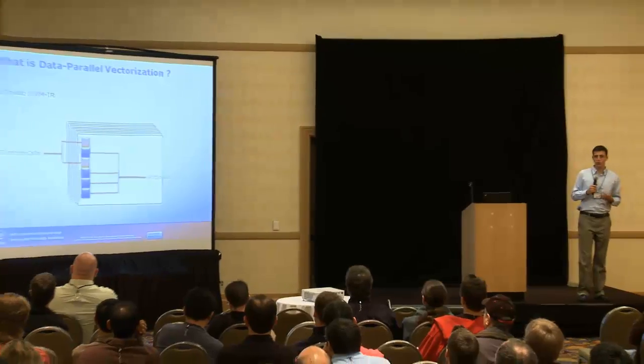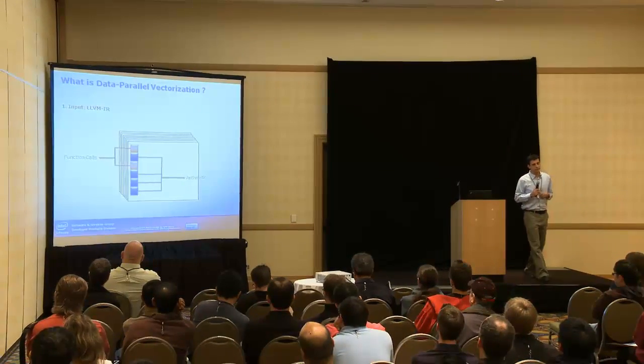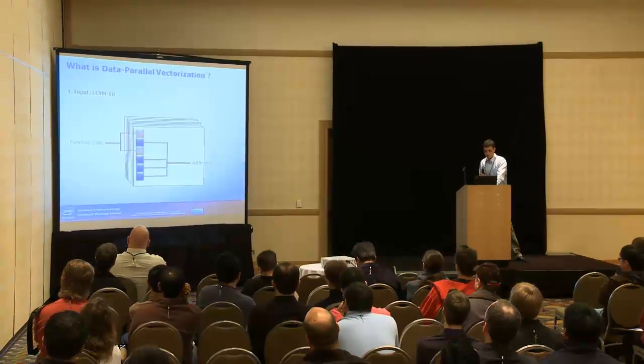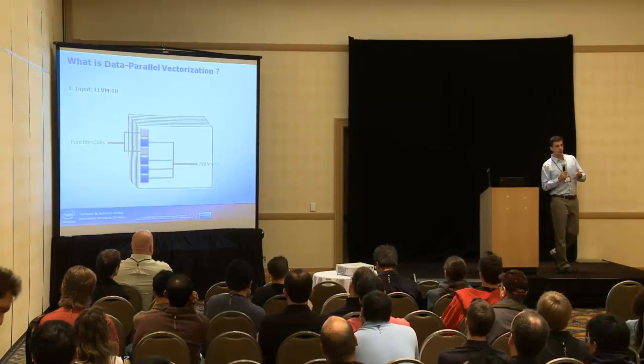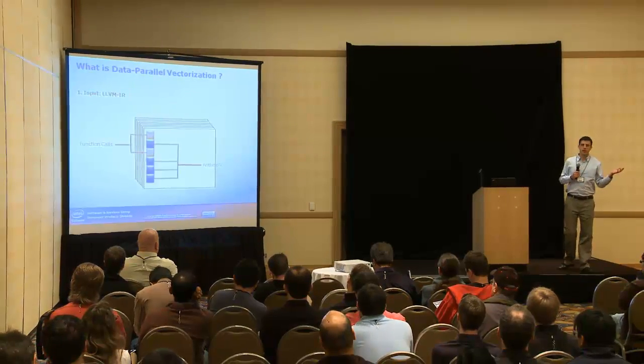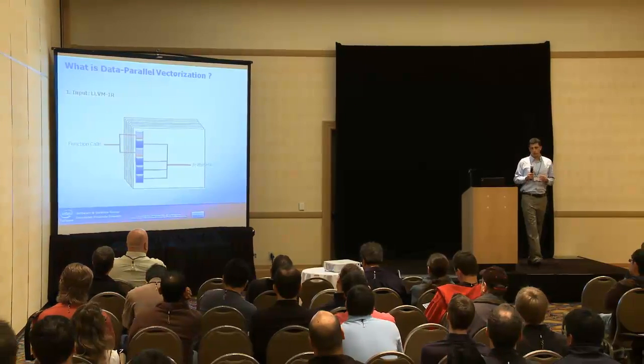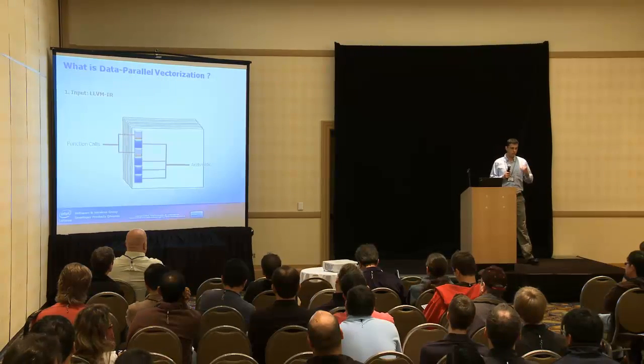Now, let's look at it from another perspective. We have the original kernel, and this is an LLVM conference, so the first thing that we do is convert it to LLVM-IR. By the way, this LLVM-IR can contain function calls, arithmetic operations, memory operations, load, store, all that, just standard LLVM programs.